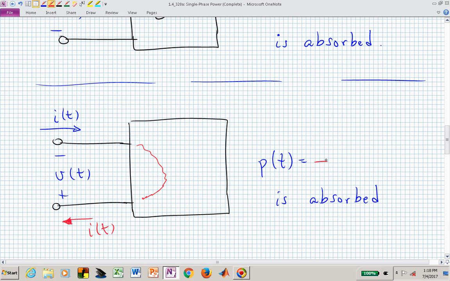So in this sense, we would have P of t is equal to minus V of t, I of t absorbed. And that's the labeling or the sign convention that we would use. And if it ends up that with that negative sign, the V and the I taken together end up being a positive value, or at a particular instant of time it's positive, then we will be saying that that power is absorbed.